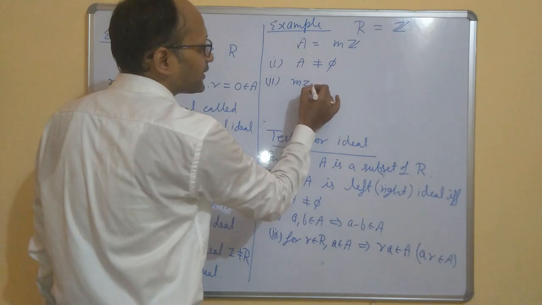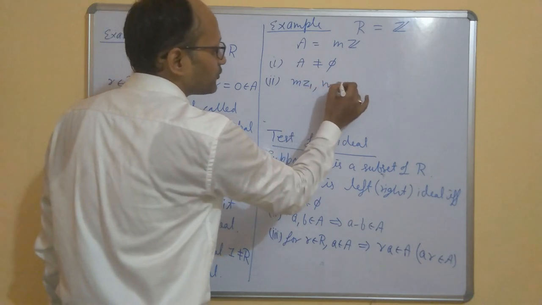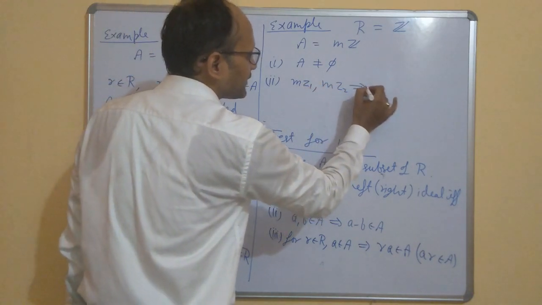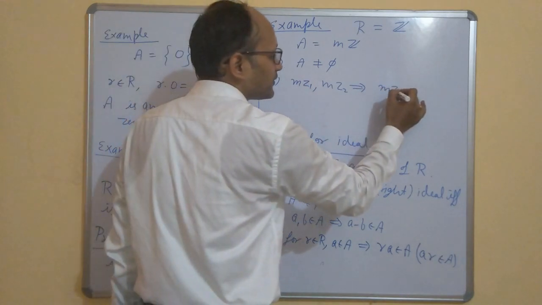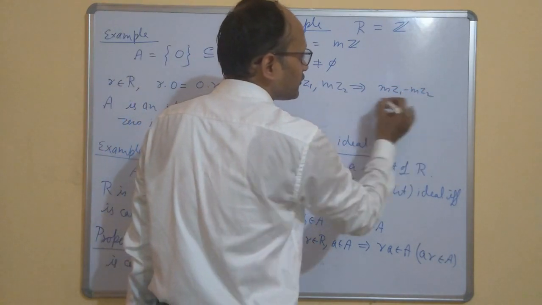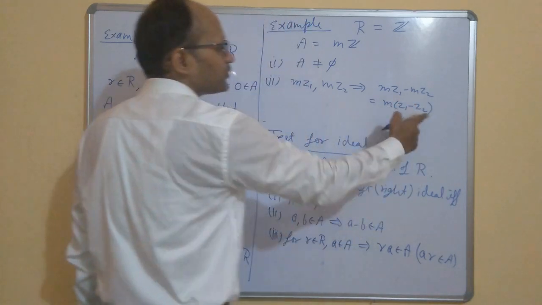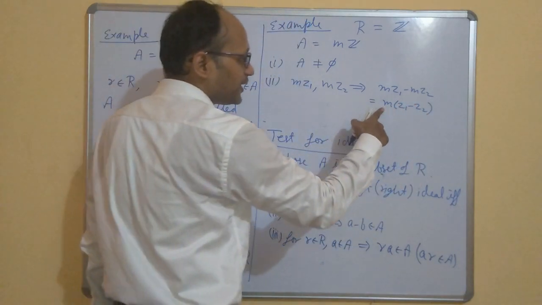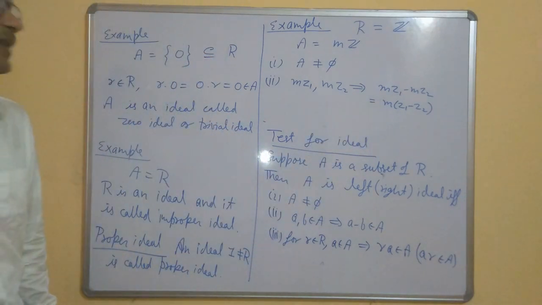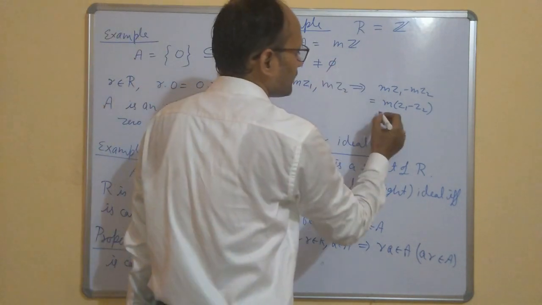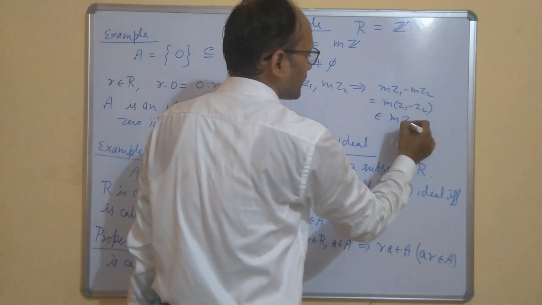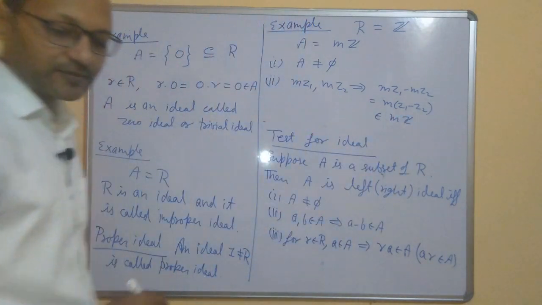So mz1 I take as one element and mz2 as another element, and this implies mz1 minus mz2, so this is m(z1 minus z2), where z1 and z2 are integers. So z1 minus z2 is also an integer, and we have multiplied by m, so it is of this form, so this belongs to mZ. So second condition is satisfied.